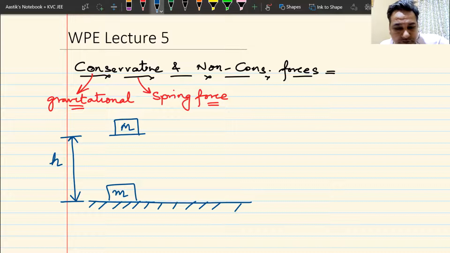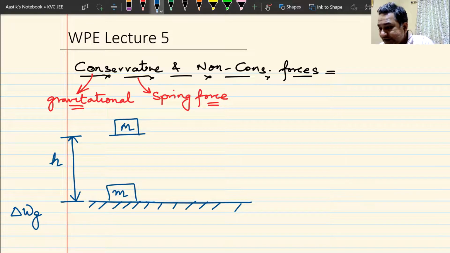So I have to lift this mass by a height h, and I find out the work done by gravity. What is the work done by gravity in this case? I'll write it like this: work done by G, G standing for gravity.